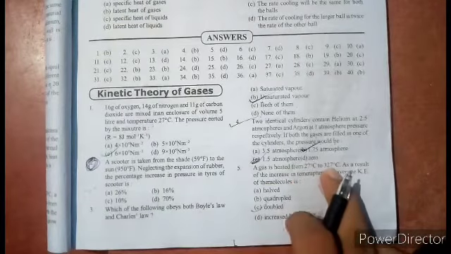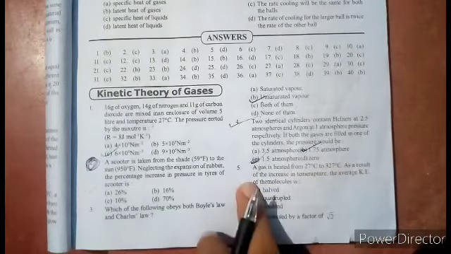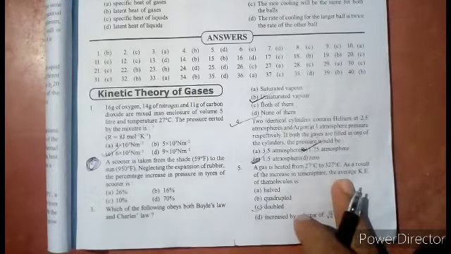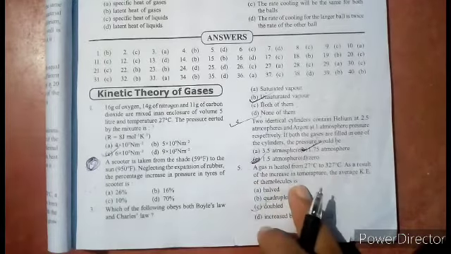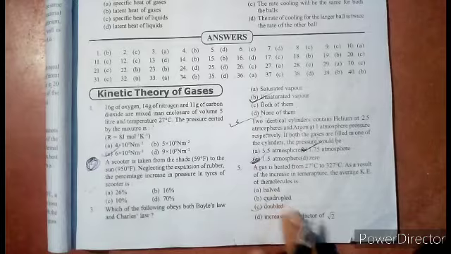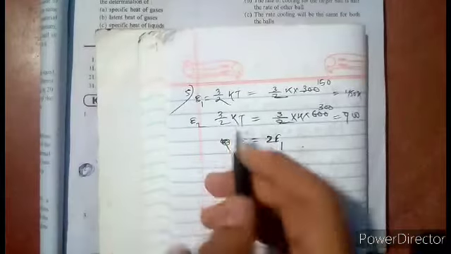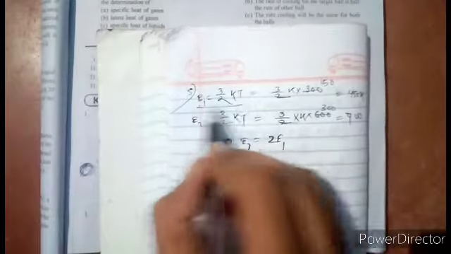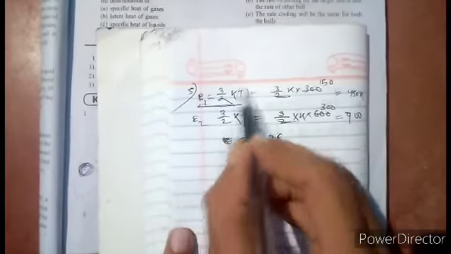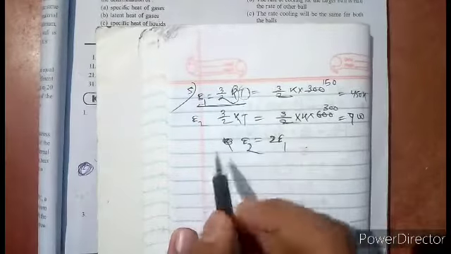A gas is heated from 27 degrees Celsius to 327 degrees Celsius. As a result of the increase in temperature, the average kinetic energy of the molecule is halved, quadrupled, doubled, or increased by a factor? We know the formula of kinetic energy is 3 by 2 kT, where k is the Boltzmann constant.